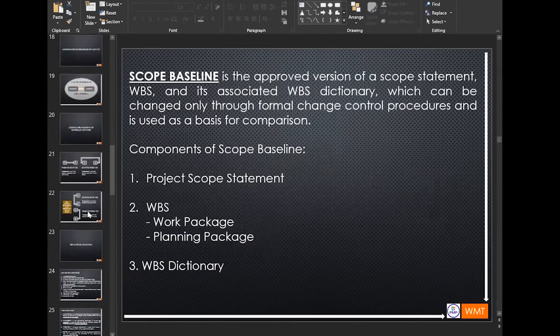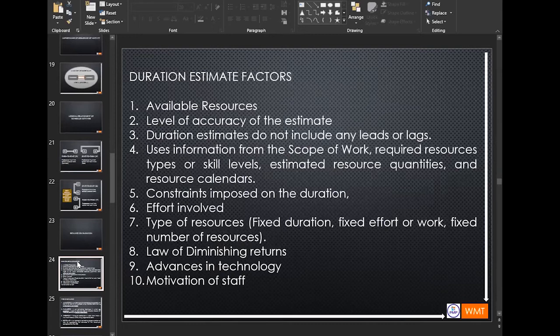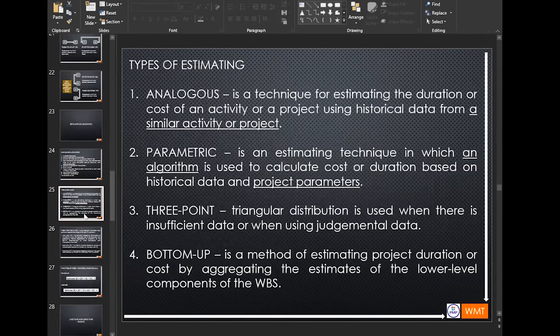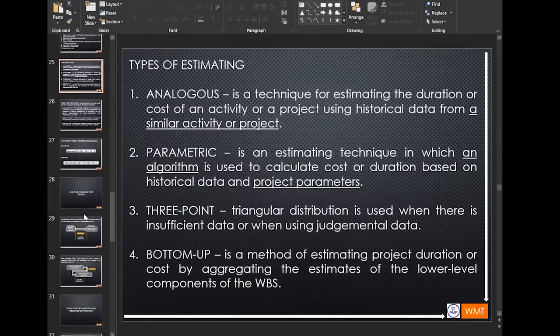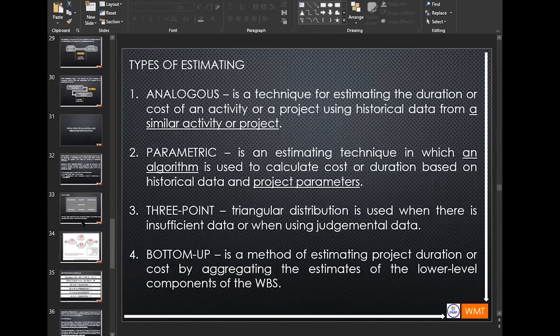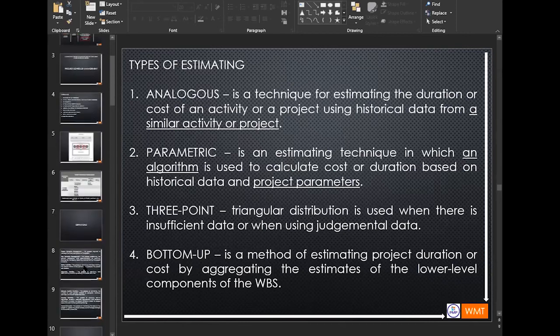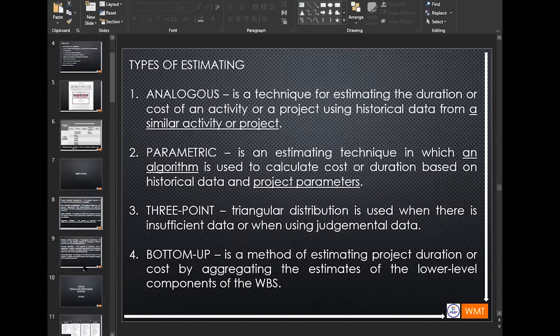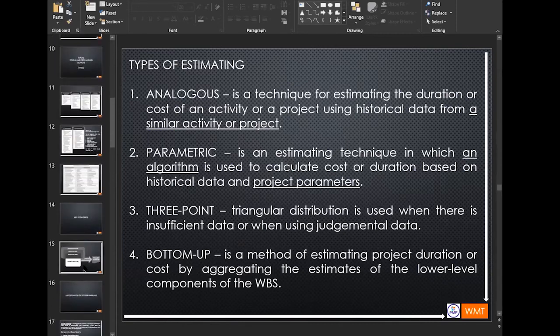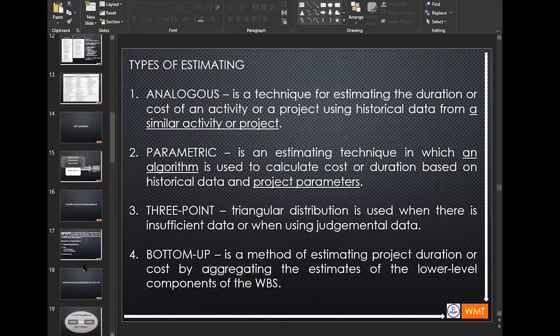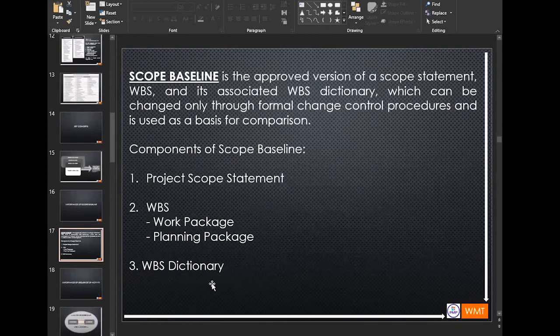Naka-define lang doon yung description niya, anong klaseng server, naka-breakdown lang siya na wordings. Dictionary lang talaga siya. Usually, attach natin from graphical is one shot, ma-visualize mo. Then, you have the dictionary para mabasa mo kung ano yung mga additional descriptions. As simple as that lang.